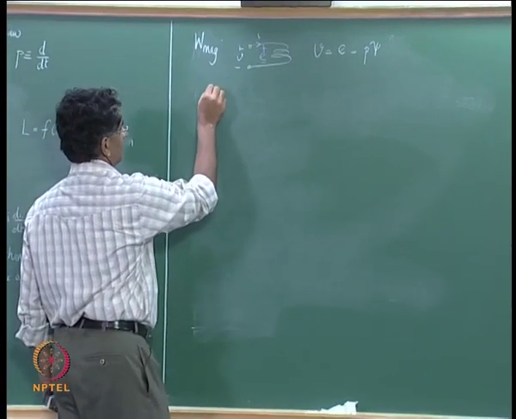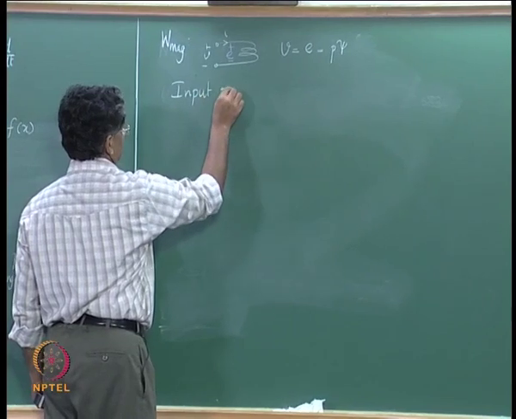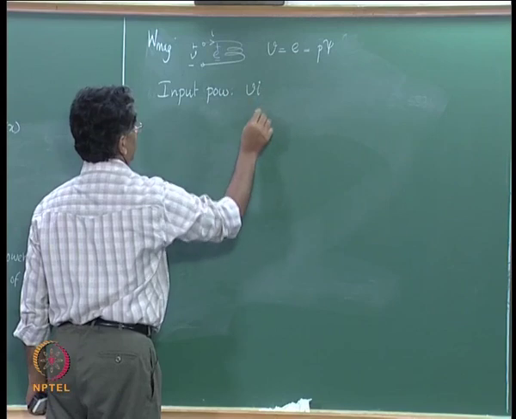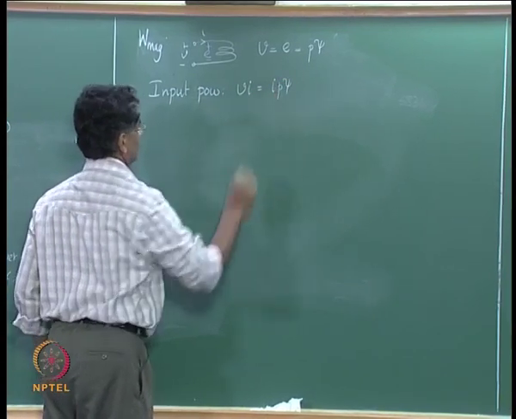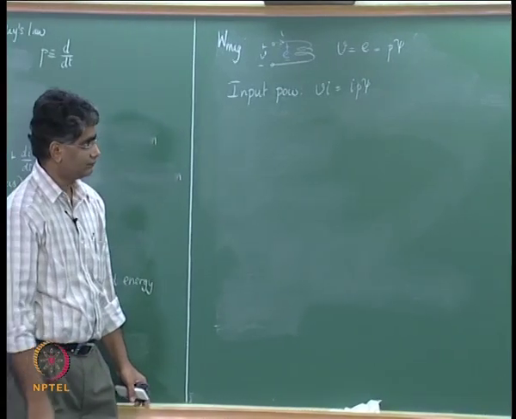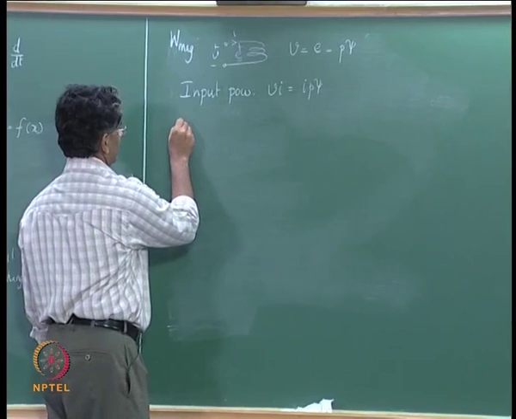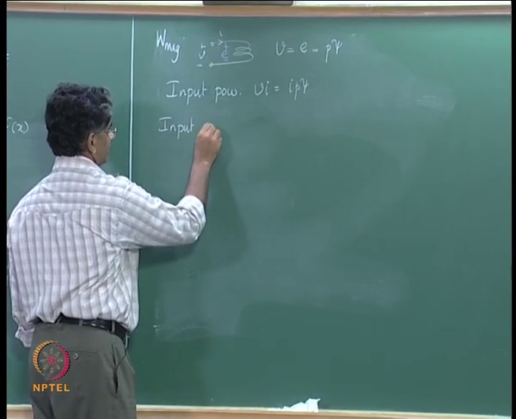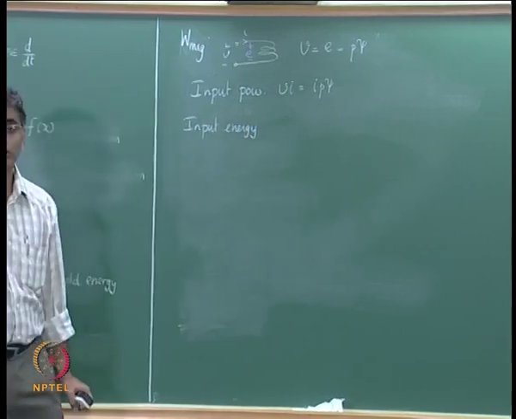And now input power is equal to V into I, which is equal to I into p of psi, and therefore one can find out input energy. How to find out energy?